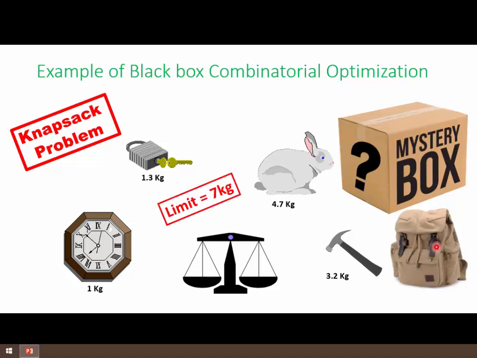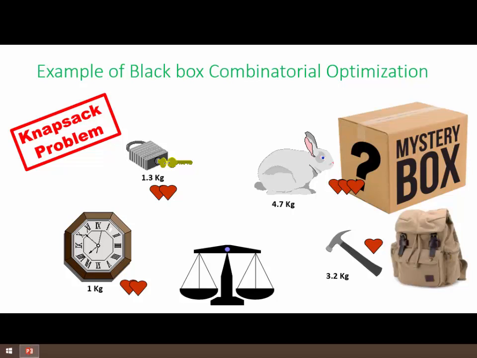So you want to fit as many objects as you can in the bag and maximize the value you get out of it. It's called a combinatorial optimization problem because it's discrete, right? For each object, you can have a checkbox that says, yes or no, I put this object in the bag. Yes or no, it's convenient because we are using binary vectors, right? So 0 or 1. So we'll be able to apply our evolutionary algorithm to that problem without issues.